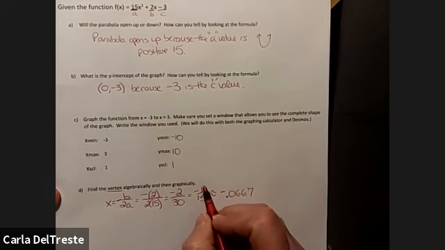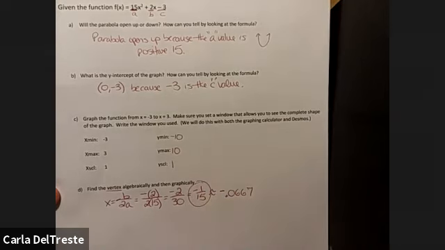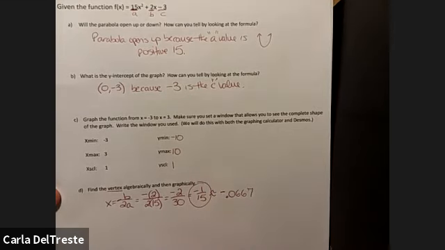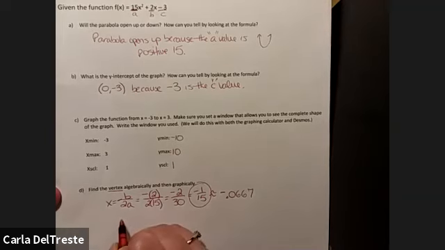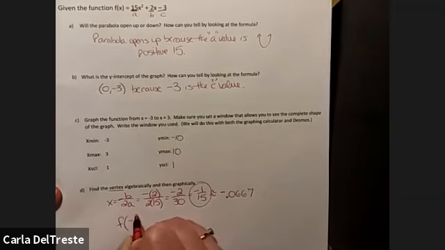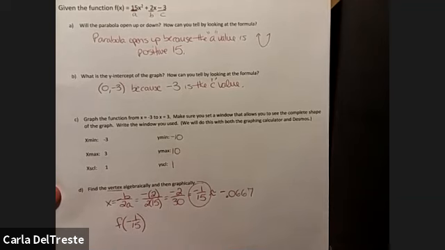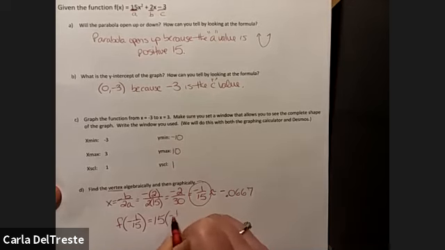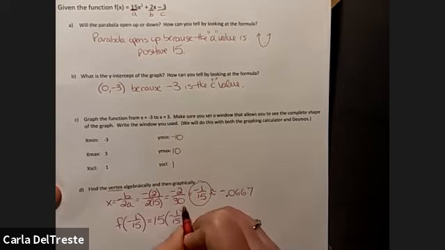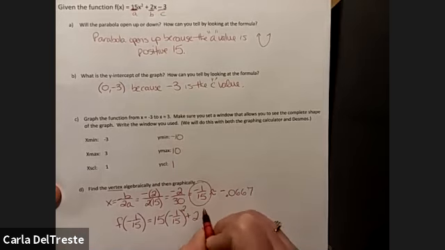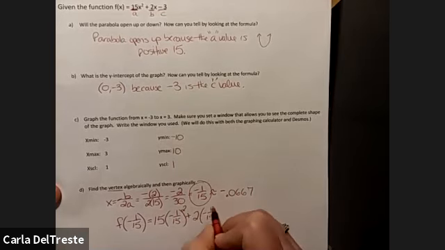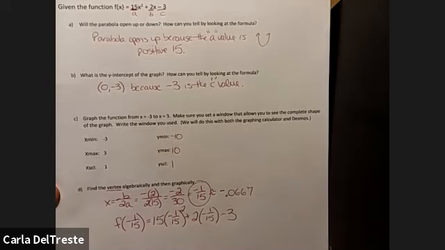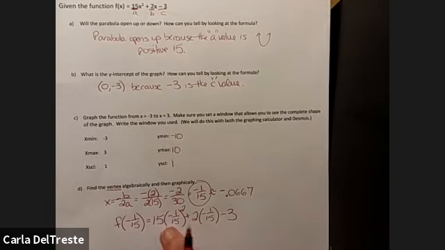So we want to use the exact input when we're evaluating. So to find the y value, I have to evaluate the function at -1/15. So everywhere I see x in the original function, I'm going to type in -1/15. And you can do this directly in your calculator the way that it looks.